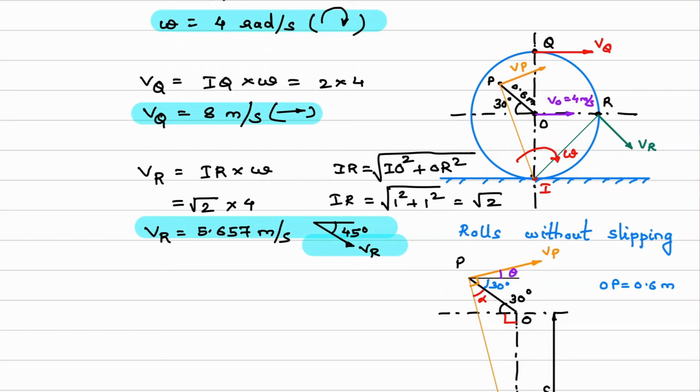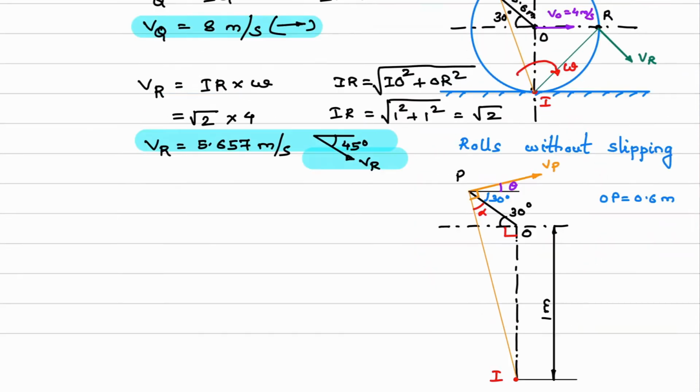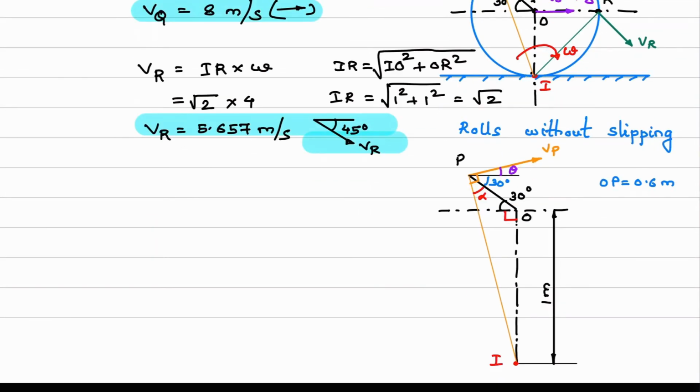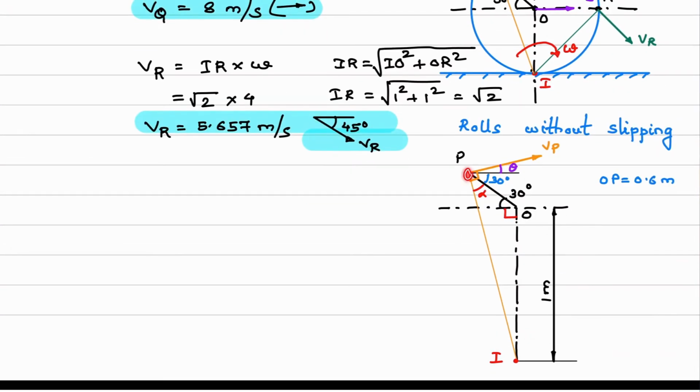Now if you see this diagram which I have shown below, it is the same part over here. This part I have shown on the bottom side. So this is I to O, this part. Then point P location is over here. I have joined IP. Now OP distance is 0.6 meter given in the question, and this angle is also given, it is 30 degree.